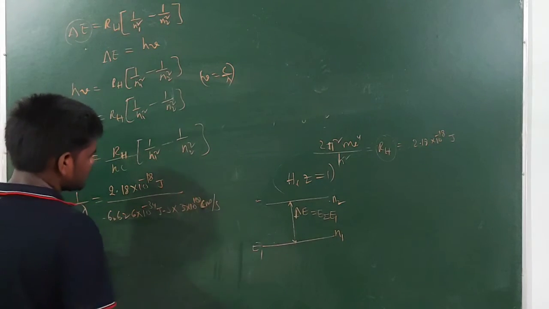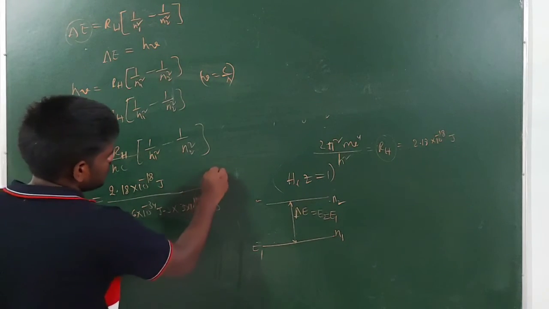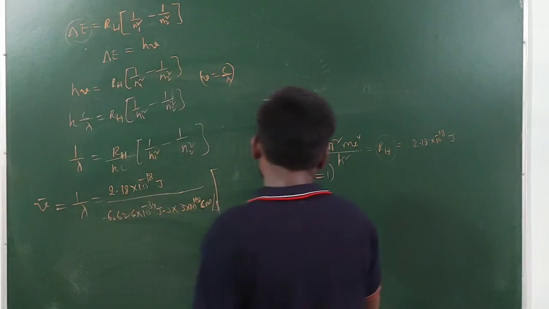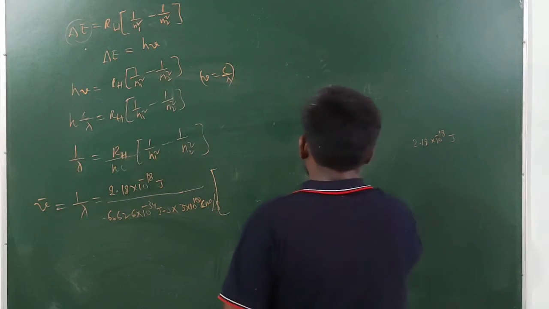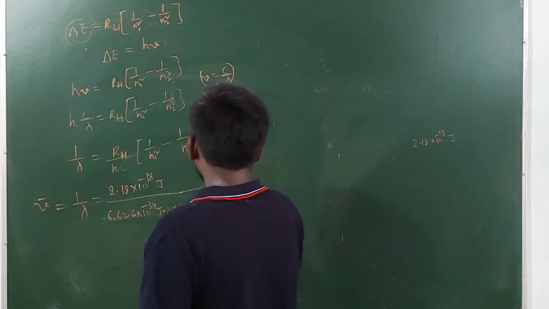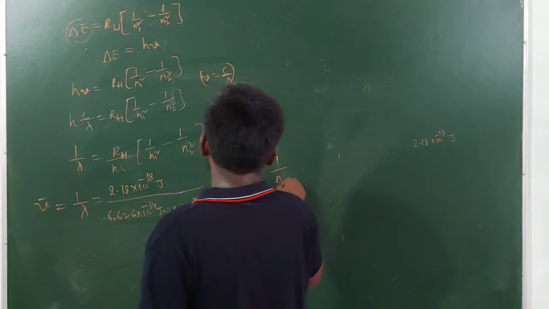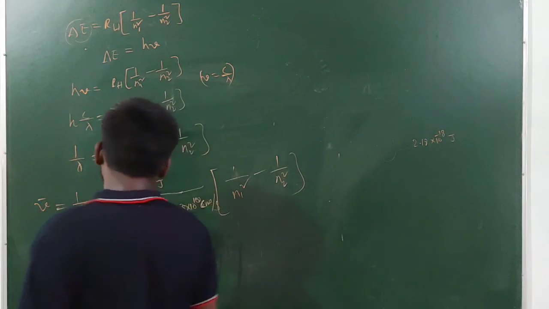Next you have 1 by n1 square minus 1 by n2 square.